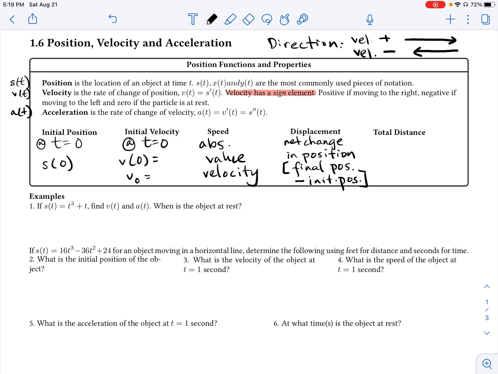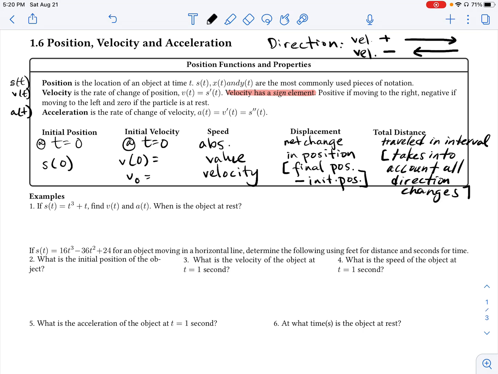Total distance, on the other hand, is the total distance traveled in the interval. So what it does, it takes into account all direction changes.